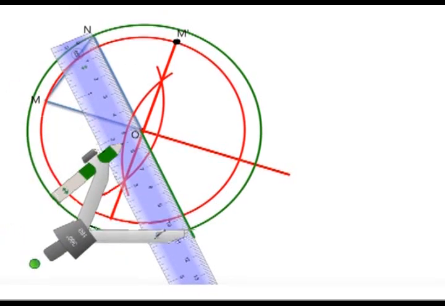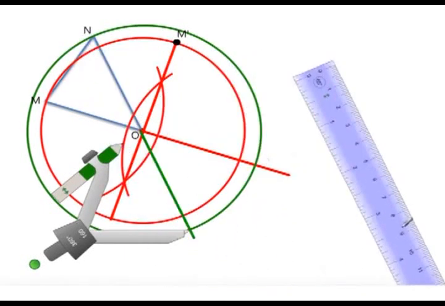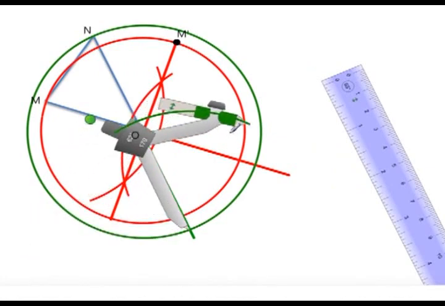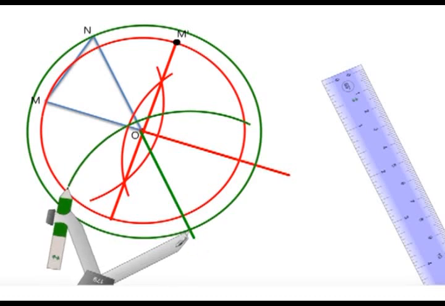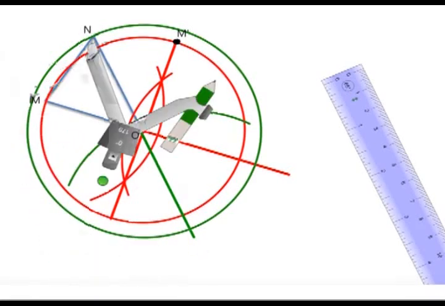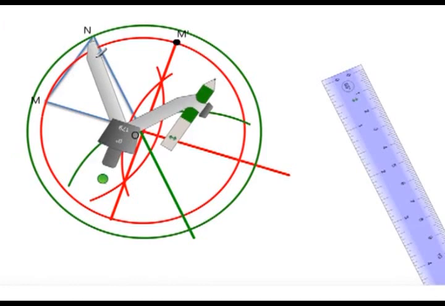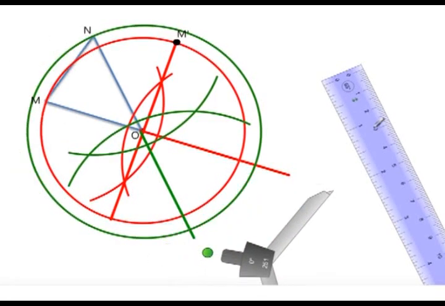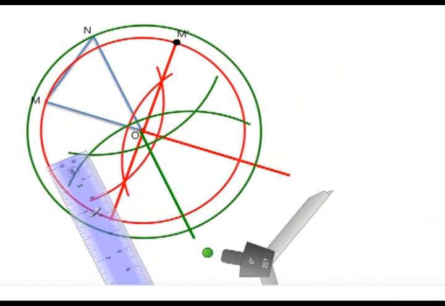Now bisect the line. I got to remove this one first. Mark an arc to the other side. Okay. Another arc. And the bisector now.